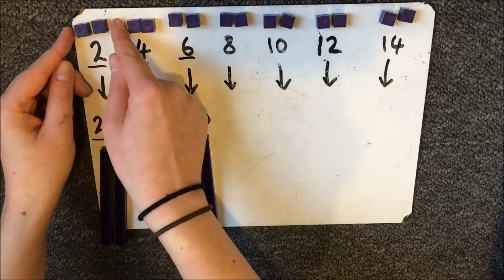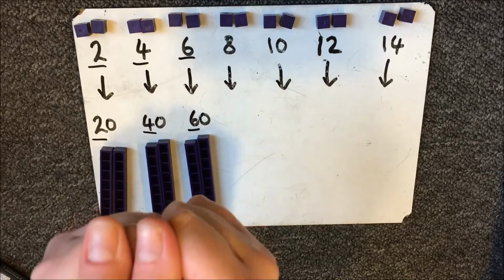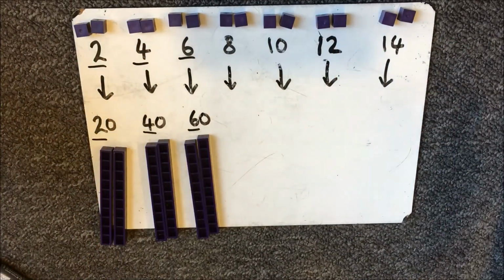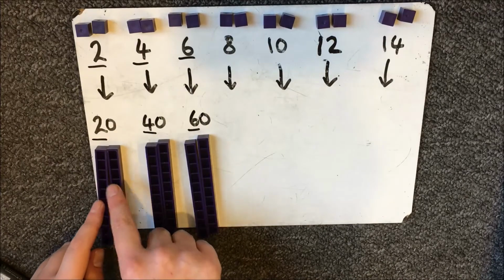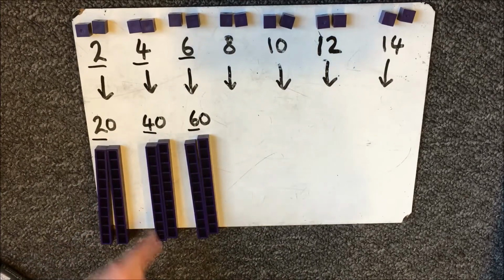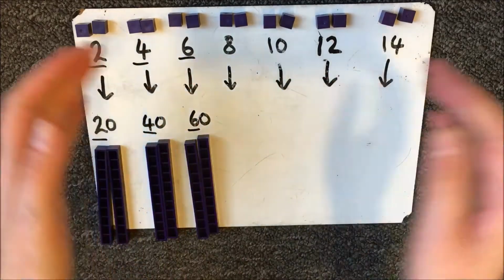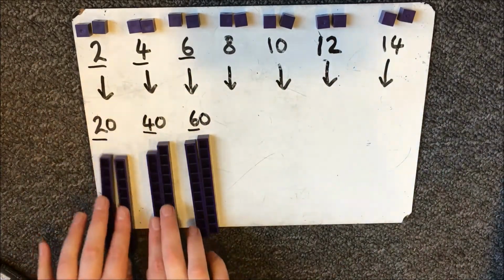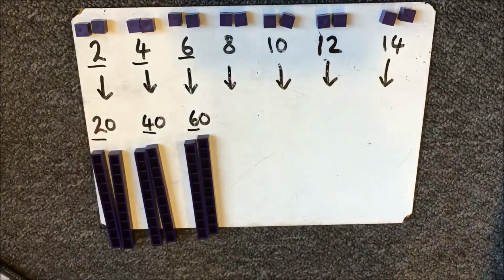If I have 2 1s, when I times it by 10, it gets, do you remember that action? 10 times bigger. So they're going to be turned into 10. So I have 2 10s, which makes 10, 20. When I have 4, it's going to get 10 times bigger and become 4 10s, which makes 10, 20, 30, 40.